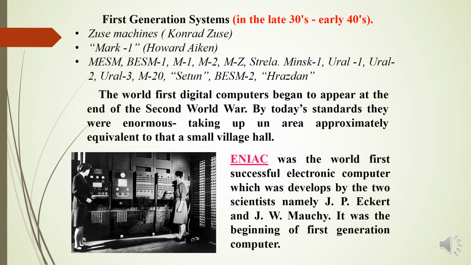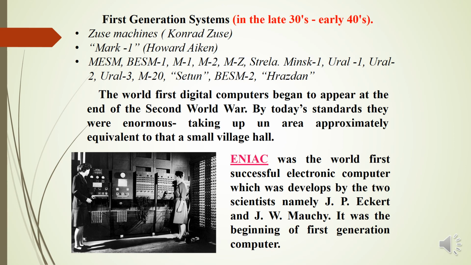The first generation systems, in the late 30s and early 40s. The world's first digital computers began to appear at the end of the Second World War. By today's standards, they were enormous, taking up an area approximately equivalent to a small village hall.